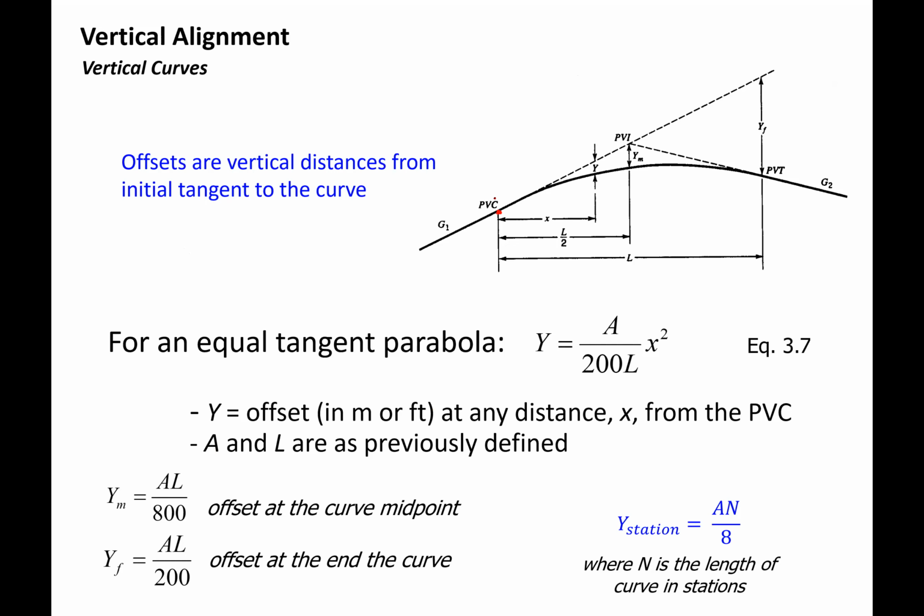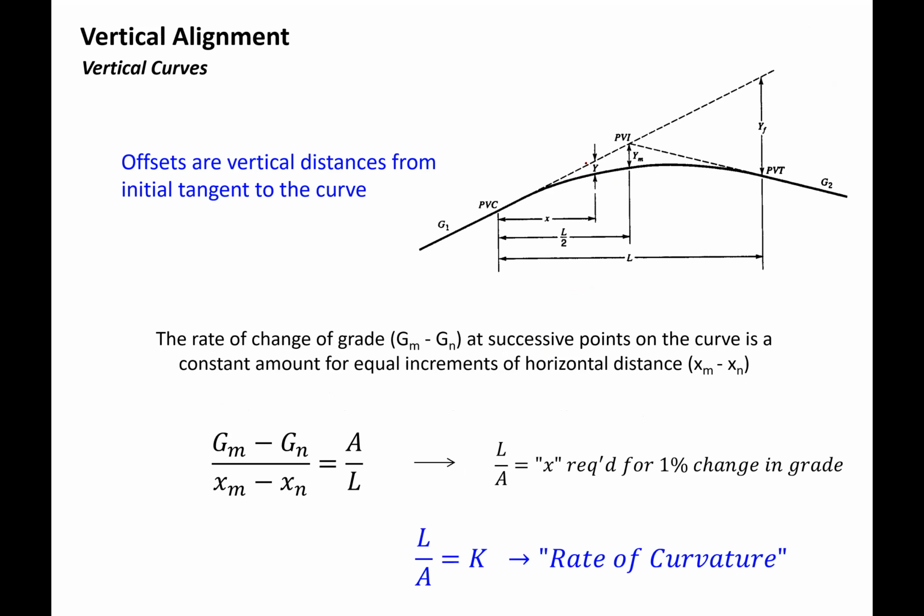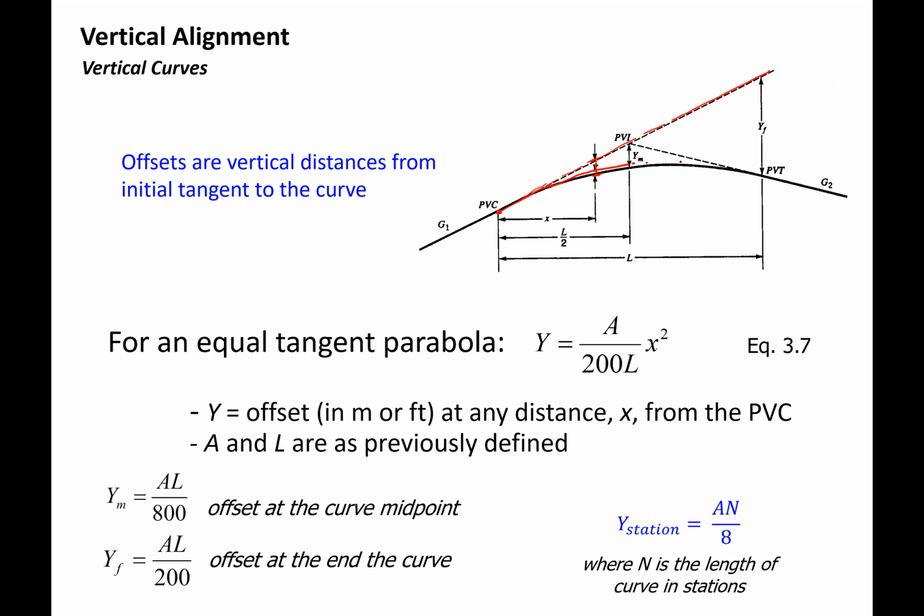So when I specify a value of x, what I'm getting out of the equation is this offset here, the difference between this tangent line and my curve. So here and here, I'm getting these values. If I were to specify this value of x here, I would get the offset between that tangent line and the curve.